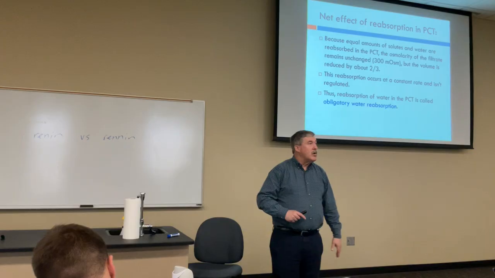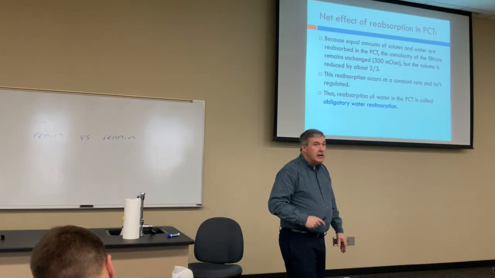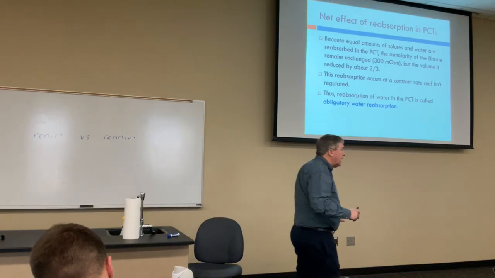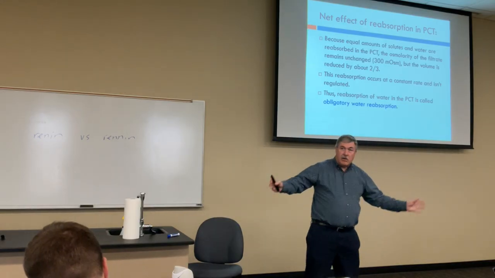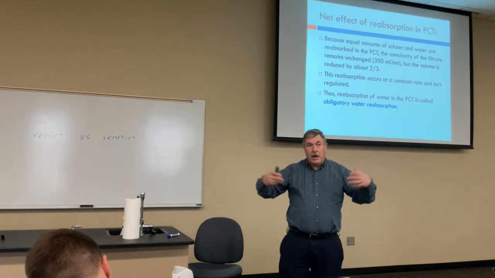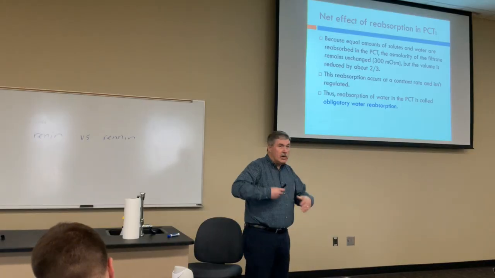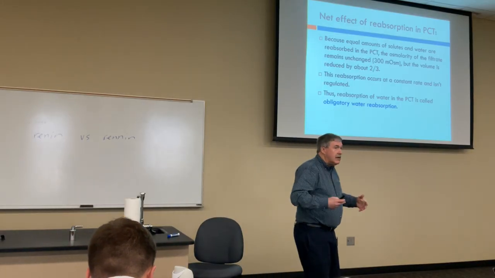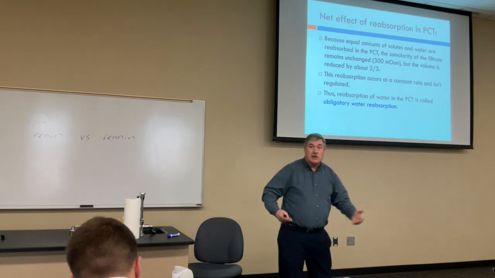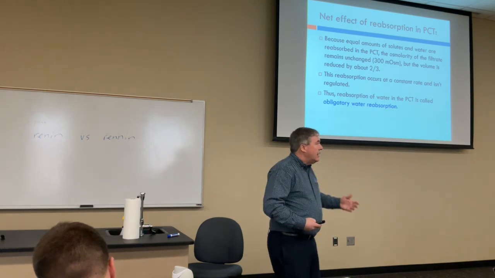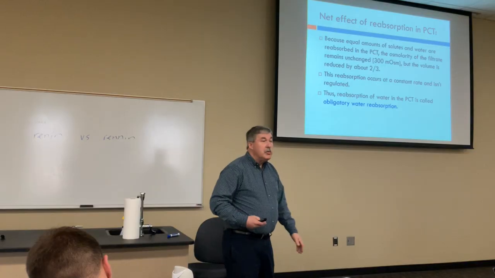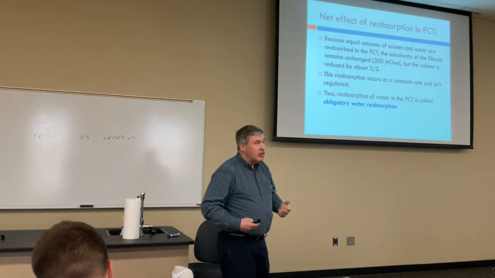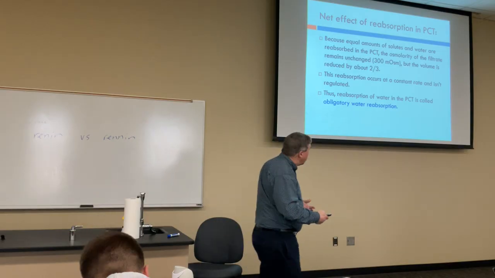It's water reabsorption that can't be regulated. But we almost always need water because we live on dry land, and the air is drier than our body, so we're constantly losing water. And so water is a useful and needed substance. And so the proximal convoluted tubule reabsorbs approximately 2/3 of all the water that gets filtered by our kidneys.